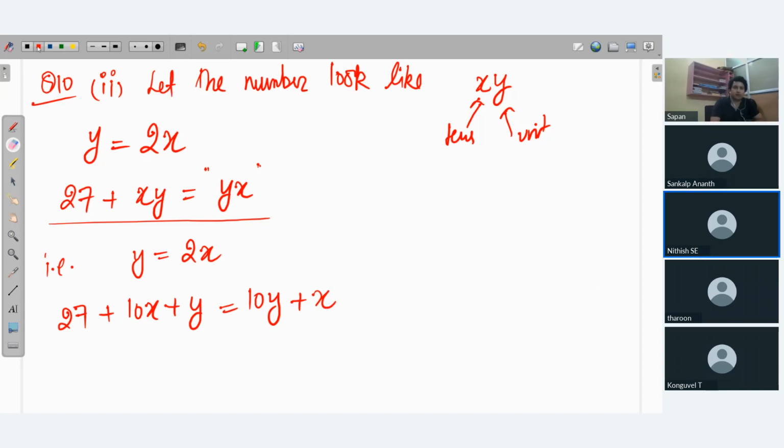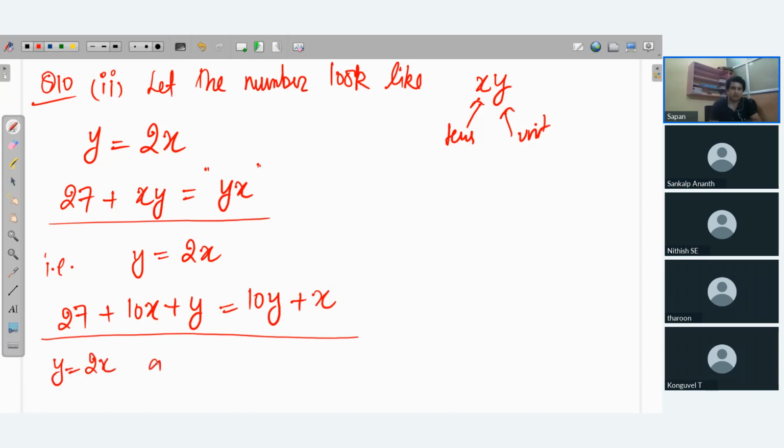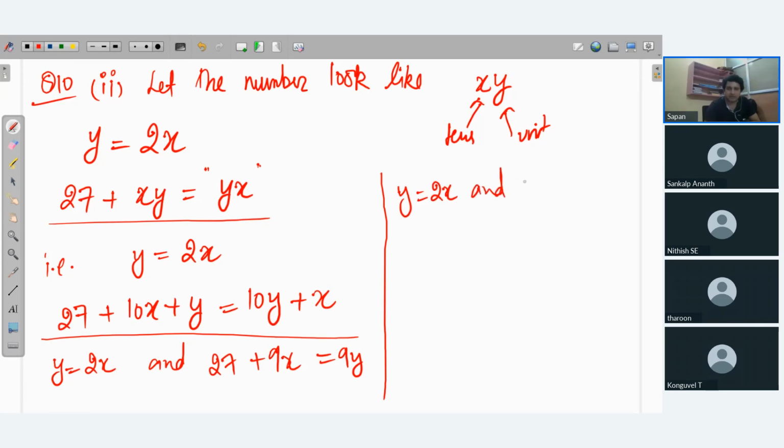If we take y equal to 2x and simplify this expression, we get 27 plus 9x is equal to 9y. Divided by 9, 3 plus x is equal to y.